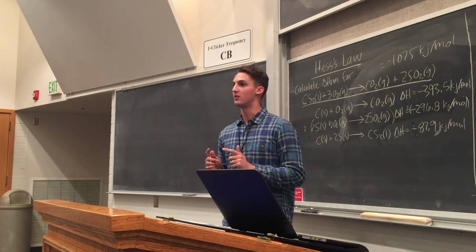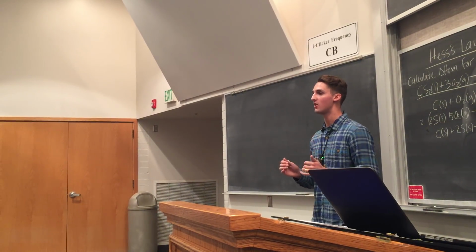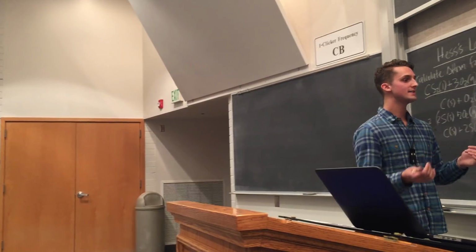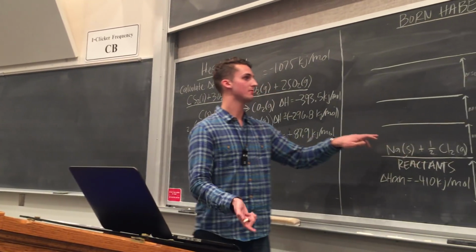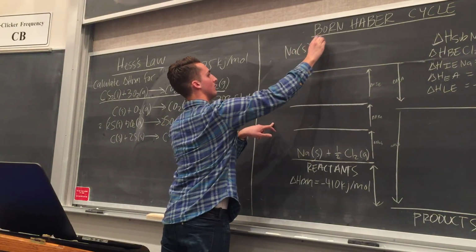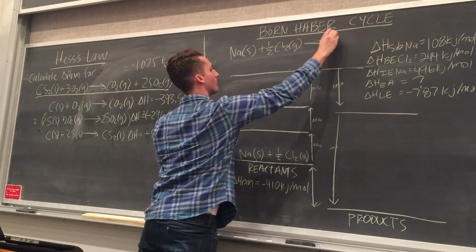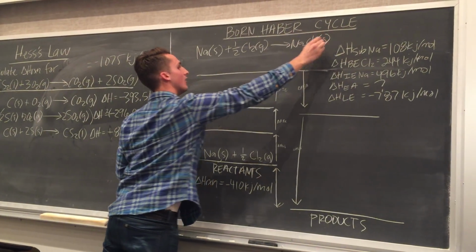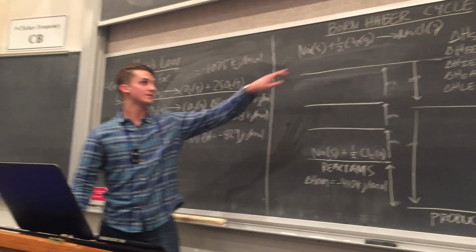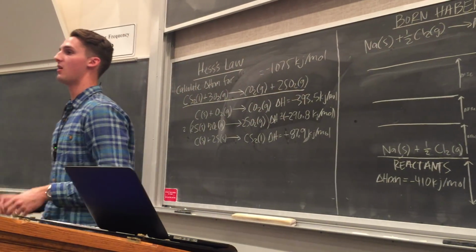The Born-Haber cycle has a specific formula that you basically follow every single time. The whole idea of the Born-Haber cycle, and I didn't write this out, but this is our reaction, is that we're looking at a reaction and seeing how we can make that work.